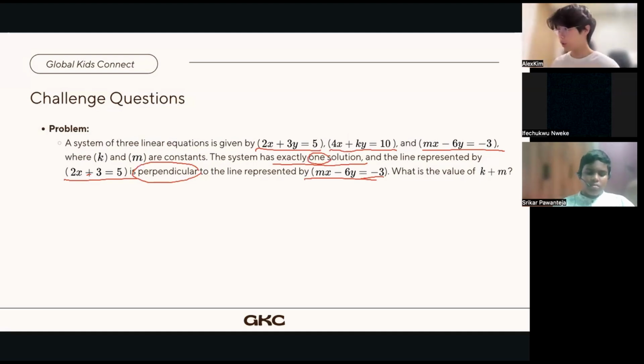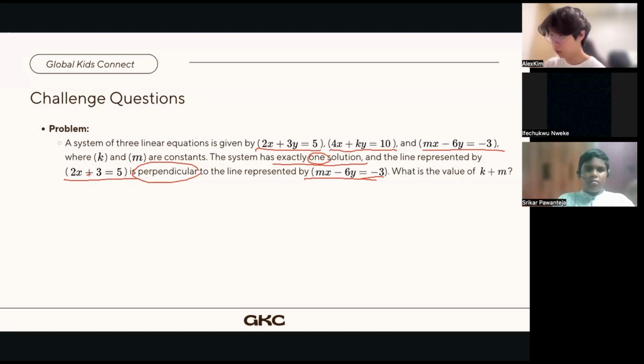The first thing we can do is, because the original expressions we are given have two variables, with only one equation it's hard to do anything. And so we utilize the information the question gives us. The first thing we'll use is that these two lines are perpendicular.